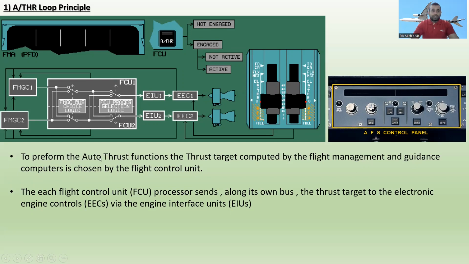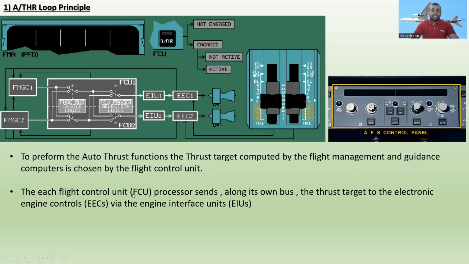So to perform the auto thrust function, the thrust target computed by the flight management and guidance computer 1 or flight management and guidance computer 2 is chosen by the flight control unit. You can see the auto flight system control panel.